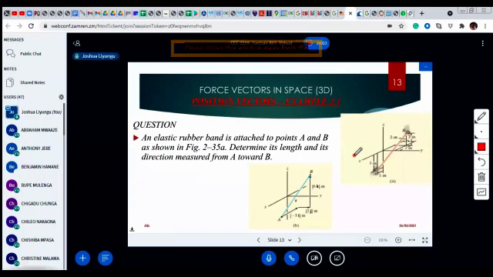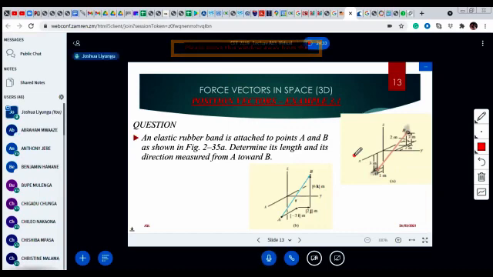Another example. An elastic rubber band is attached to points A and B as shown. Determine its length and its direction measured from A towards B. So even here, the first thing is to understand the question. The length, what is the length? How am I going to calculate the length?